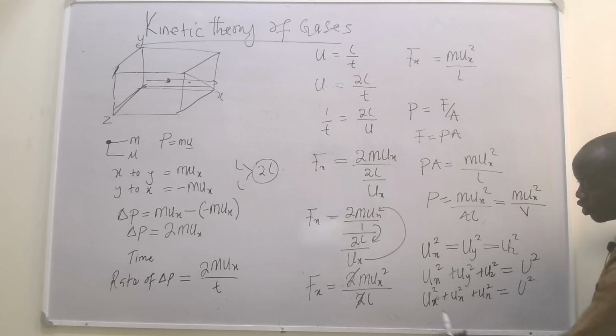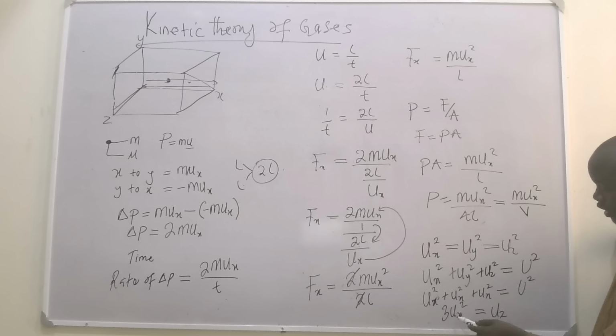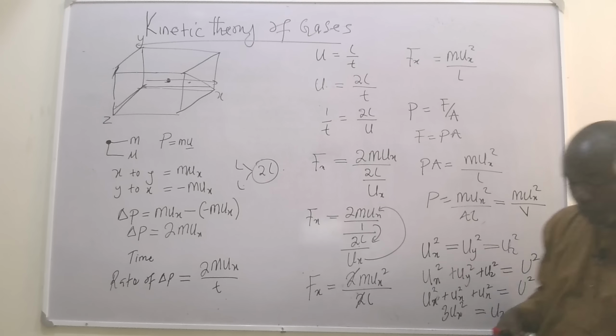We now add them, this plus this plus this is going to give us 3ux squared is equal to u squared. So we can now make ux squared the subject of the formula.